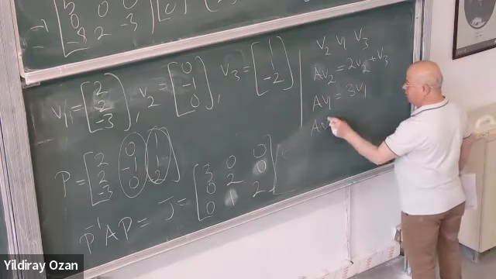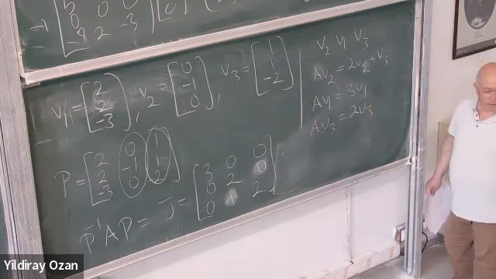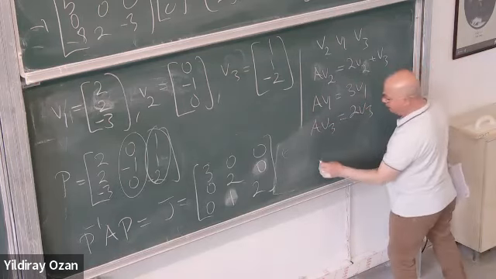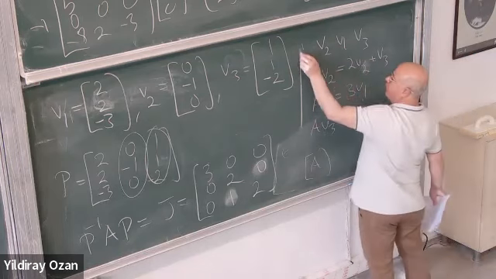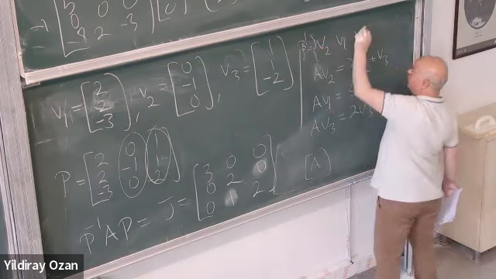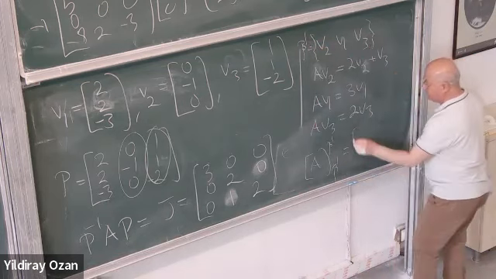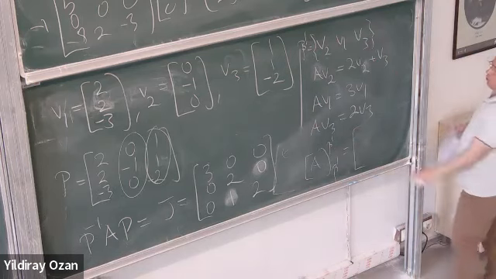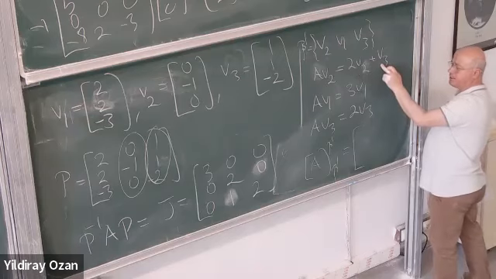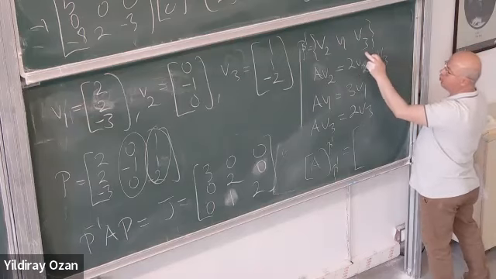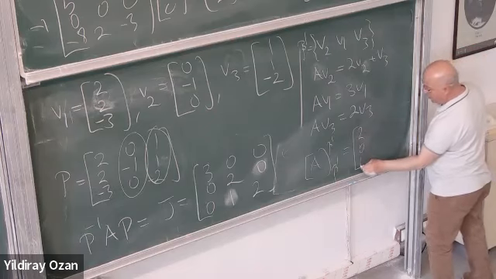A V3 is just 2V3. So in this basis, A will be what? If I say this is the basis order beta prime, then the first vector is sent to 2 times the first vector plus the third vector, so it is 2, 0, 1.